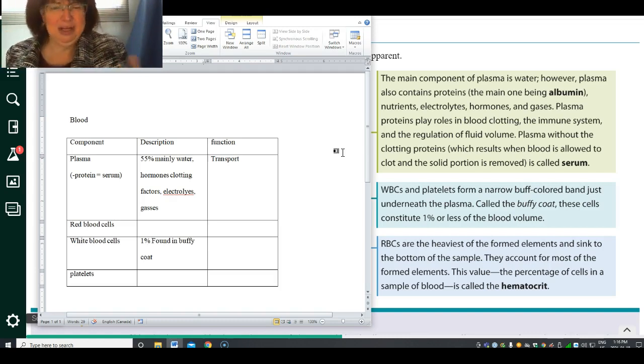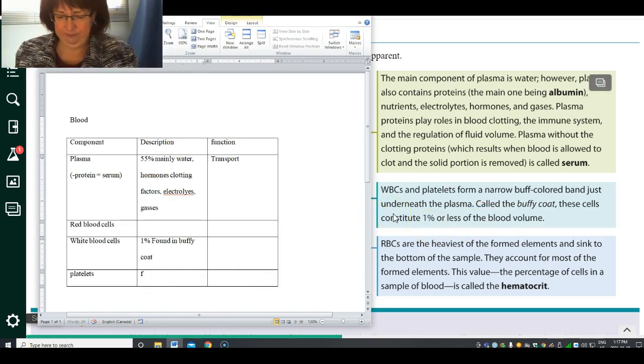So this is why it's very obvious when you do a spin down that your white blood cell count is up. Okay, so in most diseases, your white blood cell count will go up, but in some, like AIDS, it will go down. So any change in your white blood cell numbers shows that there's a concern there. Okay, and then your platelets are also found in buffy coat.